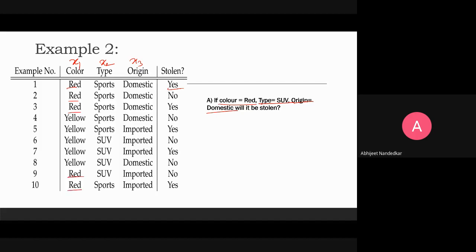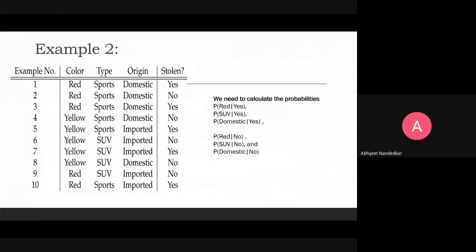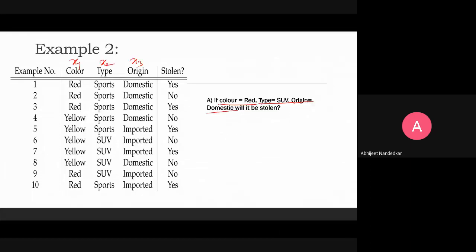And then you have type SUV, so this is SUV. Origin is imported here, so we don't have any data with domestic origin, so we cannot answer this from the table directly, or we can say the probability is 0. So instead of that, we are going to now use our naive Bayes.